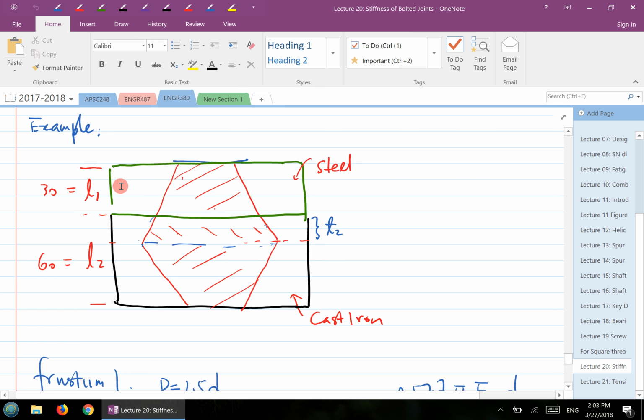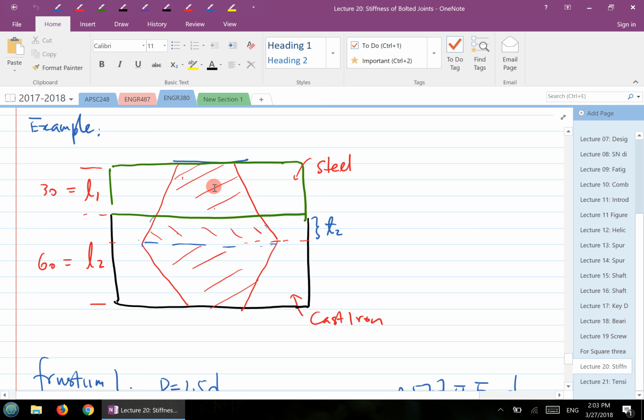Suppose the steel member is a little bit thinner than the cast iron. So the conical pressure distribution will be sketched something like this. In this case we have 1, 2, 3 different frustums, three different frustums in here.